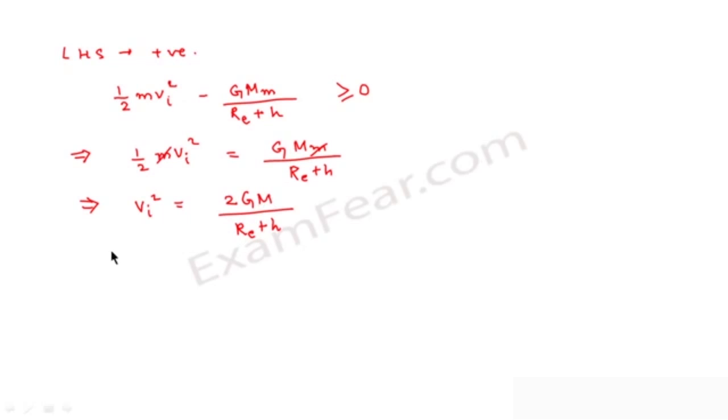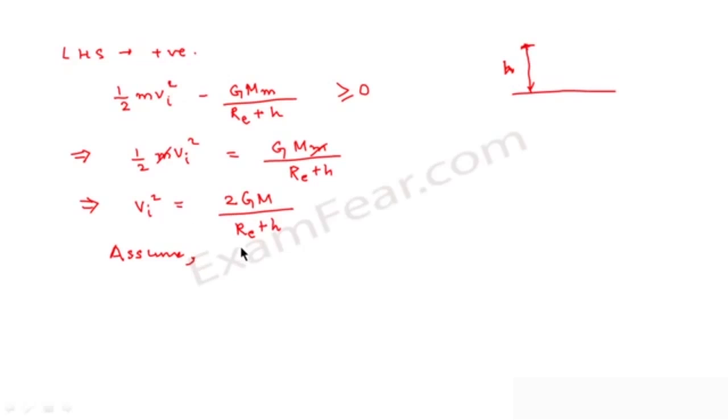Now here we make a small assumption. We assume that the ball is thrown from the earth's surface. Because initially when we started this derivation, we assumed that the ball is thrown from some point which is at a distance h from the surface of the earth. That means if this was the earth's surface, so this was the height from which the ball was thrown.